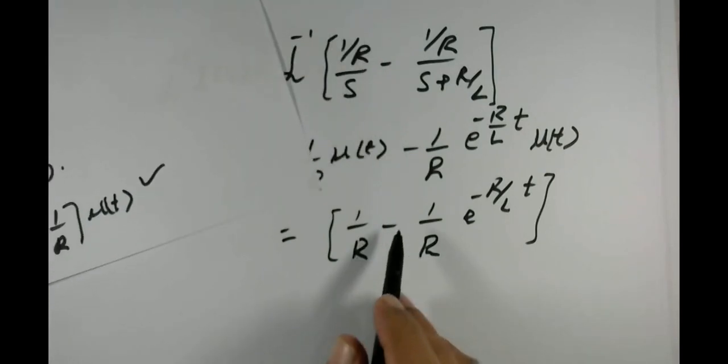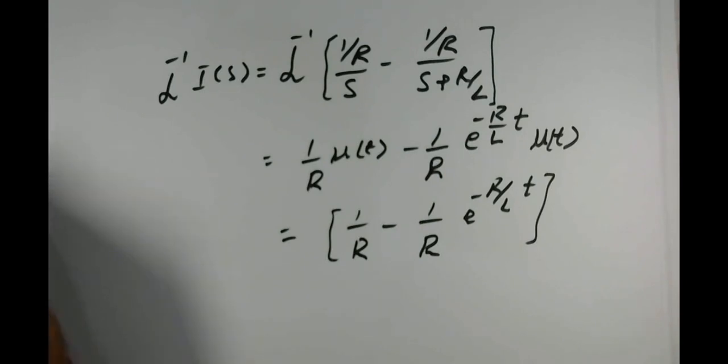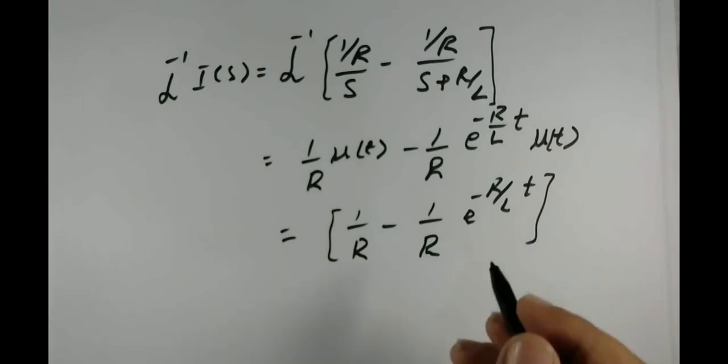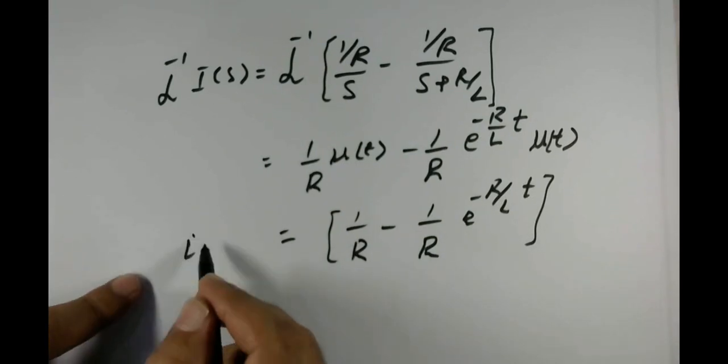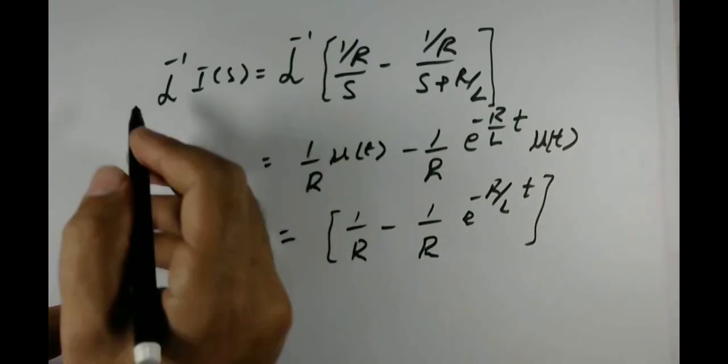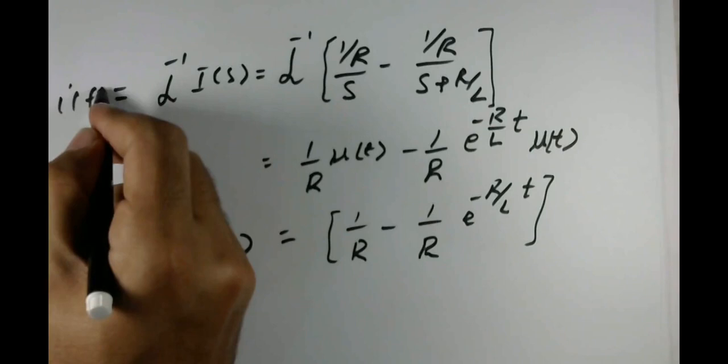Here we are getting a minus sign, and there also this term was minus, minus 1 by R. So we got our solution, that is your I of t.